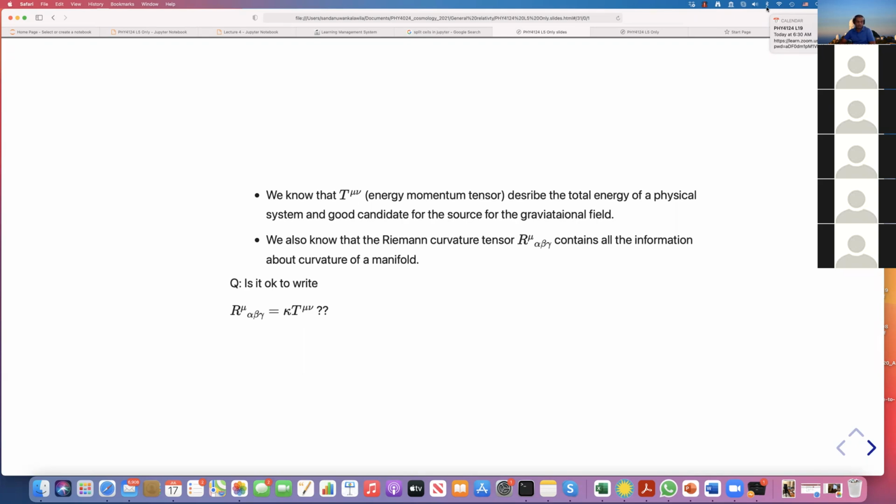And right, I can see that most of you have understood that the rank of the tensor in the left-hand side, which is the Riemann curvature tensor, is 4, right? Remember that we discussed and defined what the rank of a tensor and the type of a tensor are, right? So I expect all of you to have that basic knowledge. Please, right? On the right-hand side, on the other hand, you have this energy momentum tensor written as T mu nu, and you can clearly see that it's a rank 2 tensor, right?